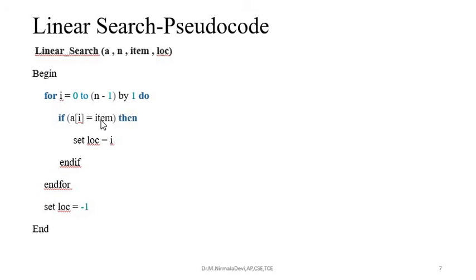If the element to be searched is equal to a of i, then set location equal to i, that is the location of the element found. That location will be returned, else the location will be returned as -1.